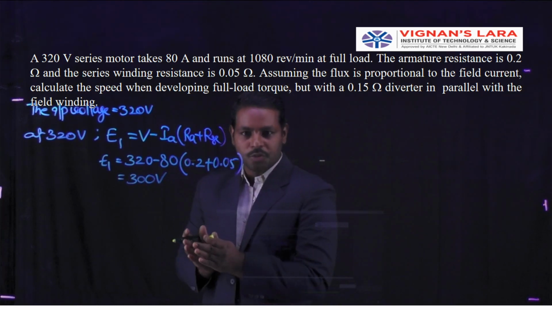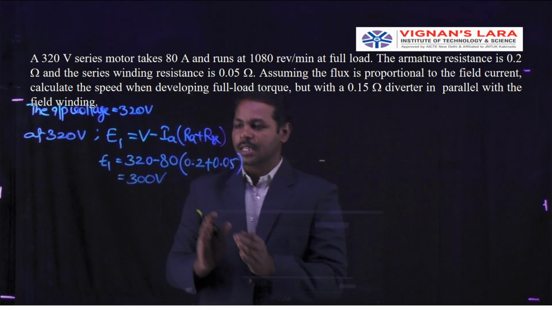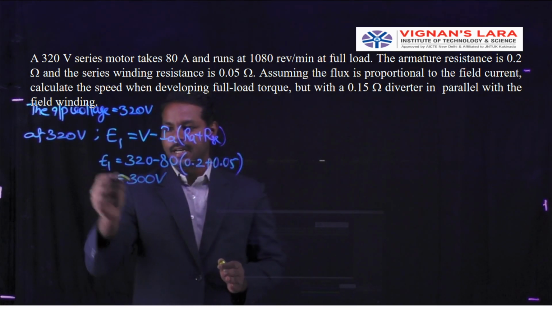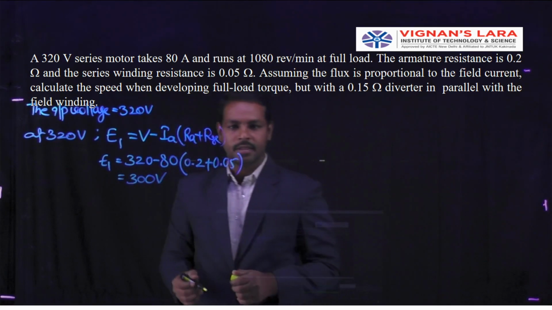So at 320 volts supplied to the series motor, the corresponding back EMF generated at that instant is 300 volts.